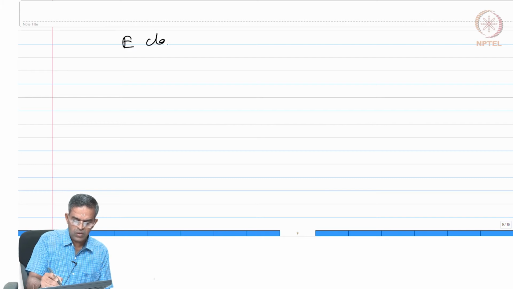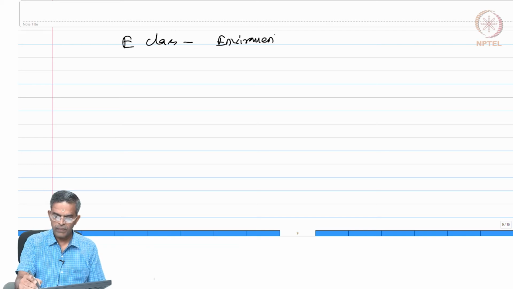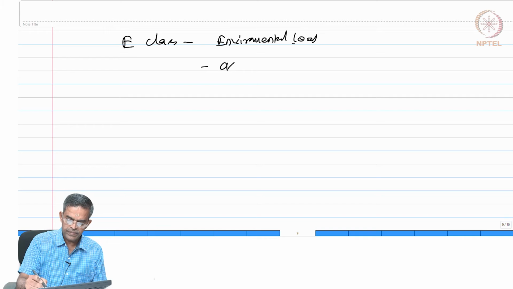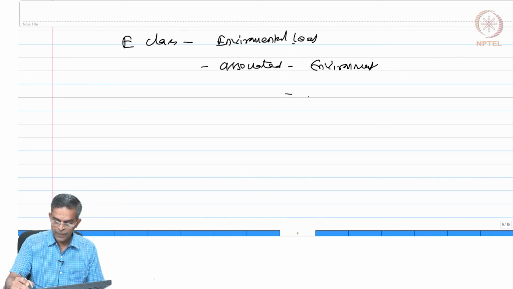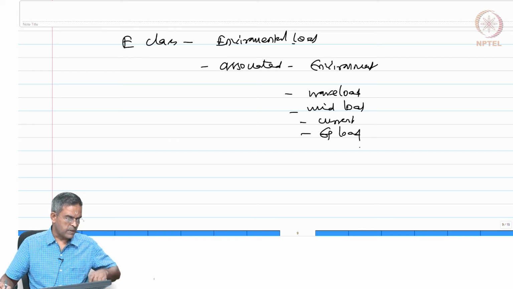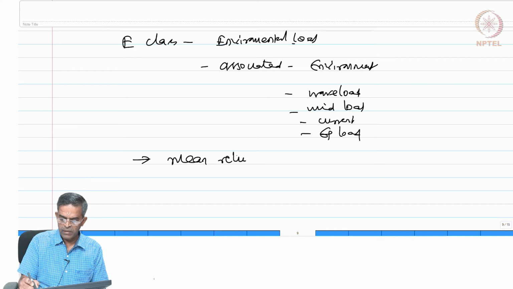If you come to the E class load, which refers to environmental load, they are associated with loads arising from the environment. Examples could be wave load, wind load, load arising from current, earthquake load, etc. They are generally classified with the help of a term called mean return period.